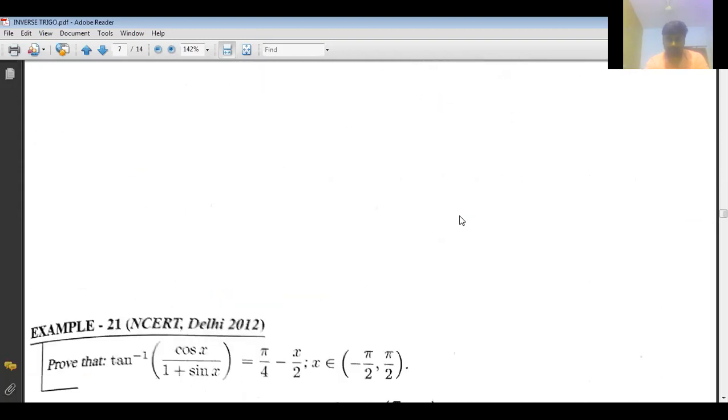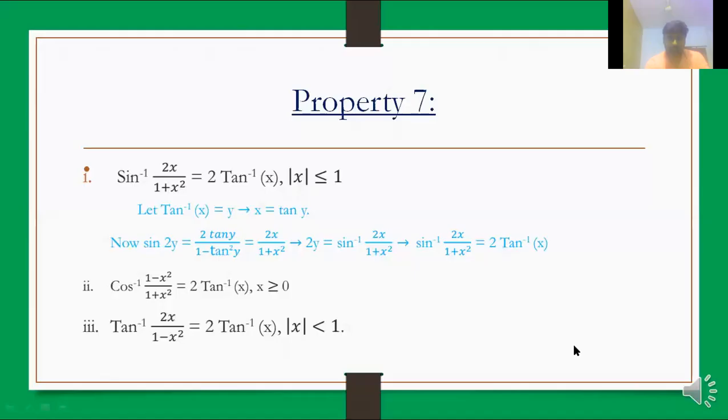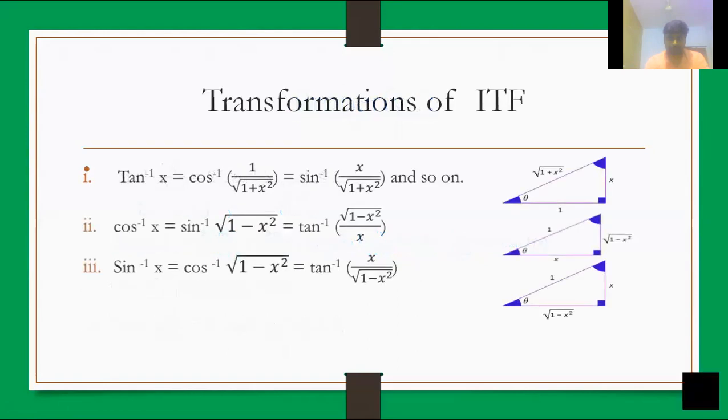Now let us go back to the previous slide. So these are the formulas we discussed, correct? So now let us go for the next property in this. Now tan inverse of x equals cos inverse of 1 by, these all were discussed.